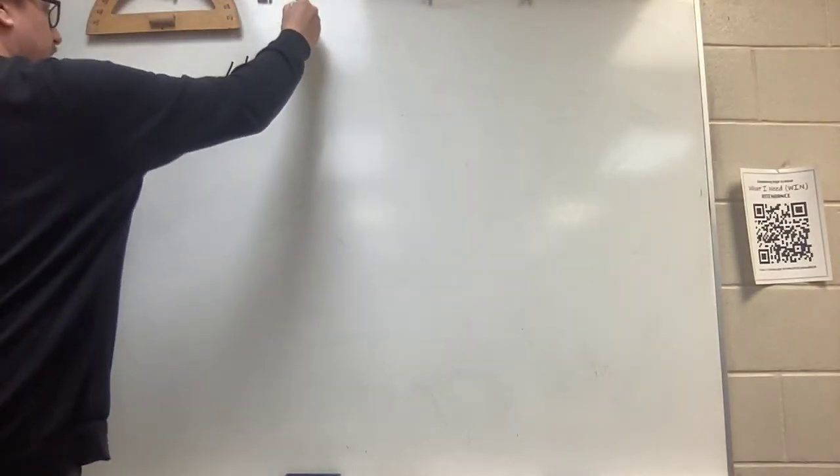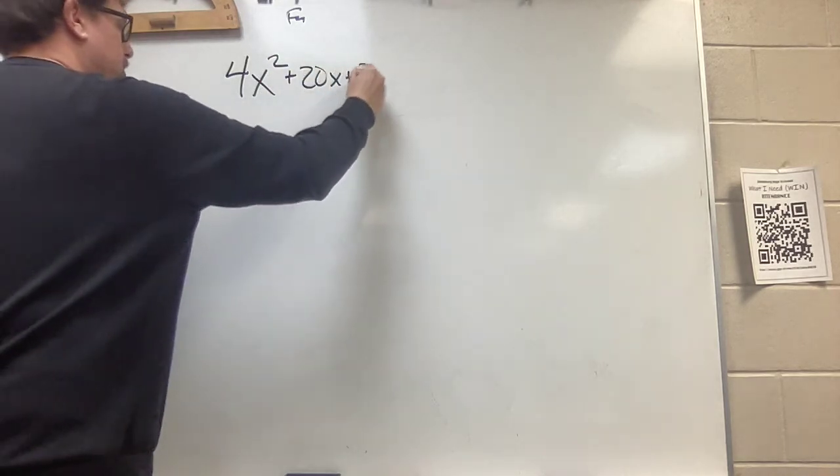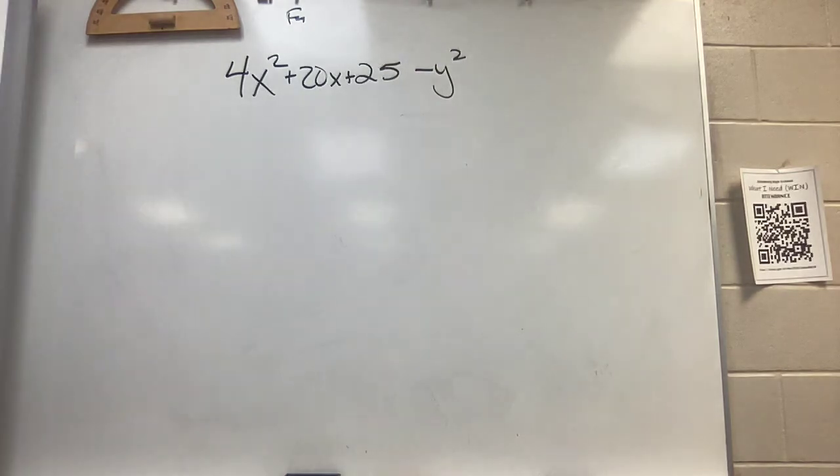The direction is factor. 4x squared plus 20x plus 25 minus y squared. Whoa. You're saying, whoa. And when you've been seeing 4 things in the past, you think of grouping them.